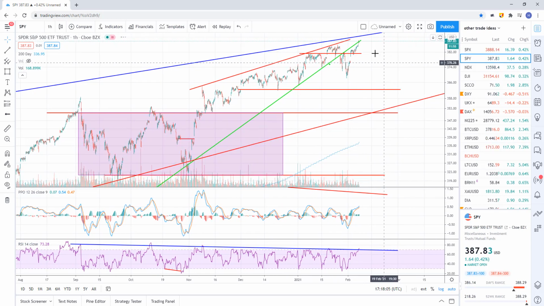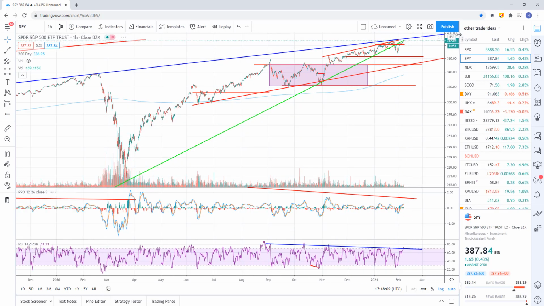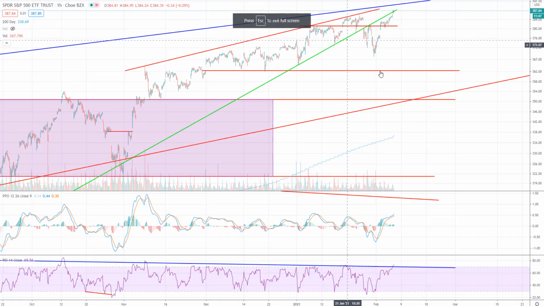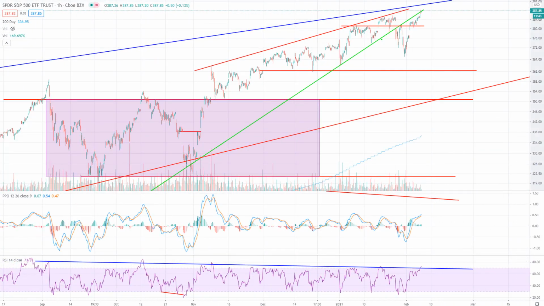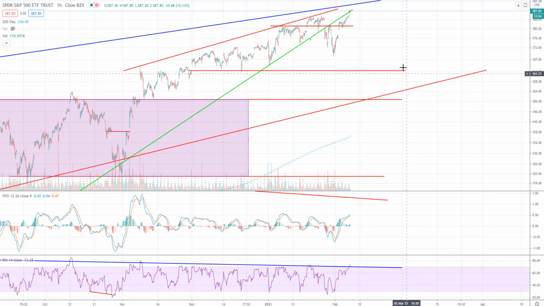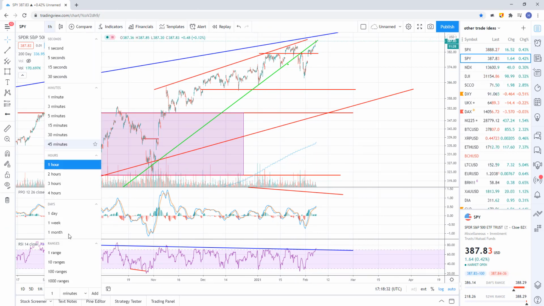Right now it's sitting at about, if I can get the thing out of the way, they put this little USD label in the way, and it makes it almost impossible for me to see these charts when I need to look at it. Here it is. Right there, it's about 390.51, we'll call it. So if we get the ramp and we run up to 390.50, then that's major resistance.